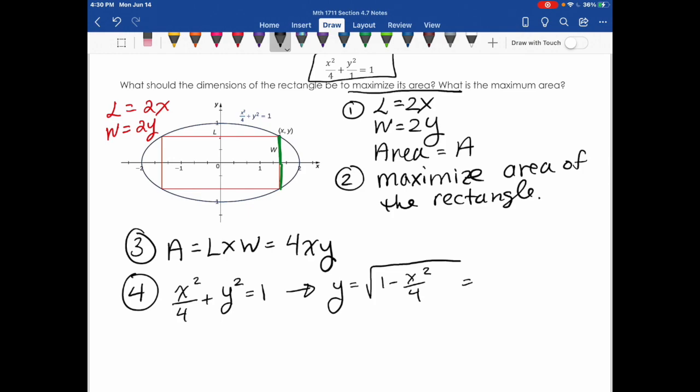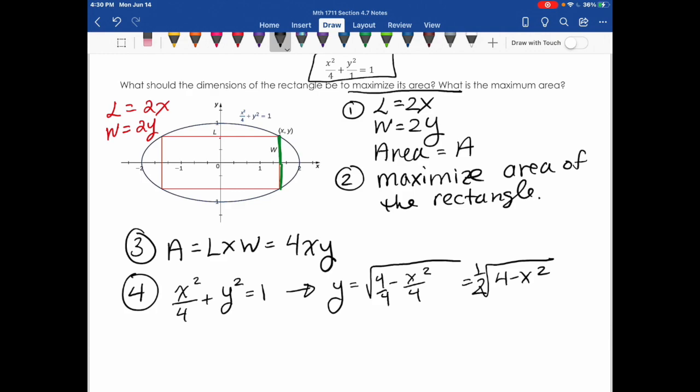Now, I can make that a little bit easier to deal with by getting rid of the fraction. I can make that 1 a 4 over 4, so I can combine those fractions. So I get 4 minus x squared, and then the 1/4 I can take the square root of and bring it out as 1/2.